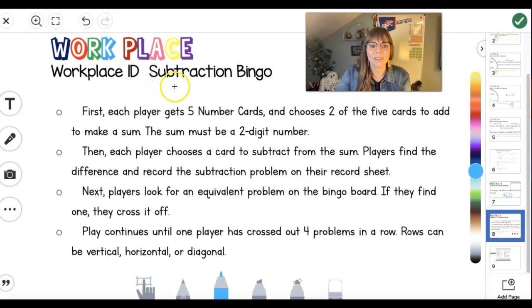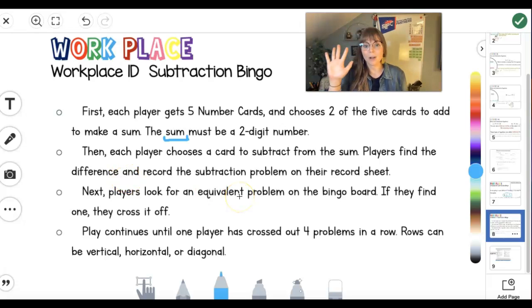Today's game is called Subtraction Bingo. First, each player gets 5 number cards and chooses 2 of the 5 cards to add to make a sum. The sum must be a 2-digit number. Remember, sum means the total of at least 2 numbers being added together.